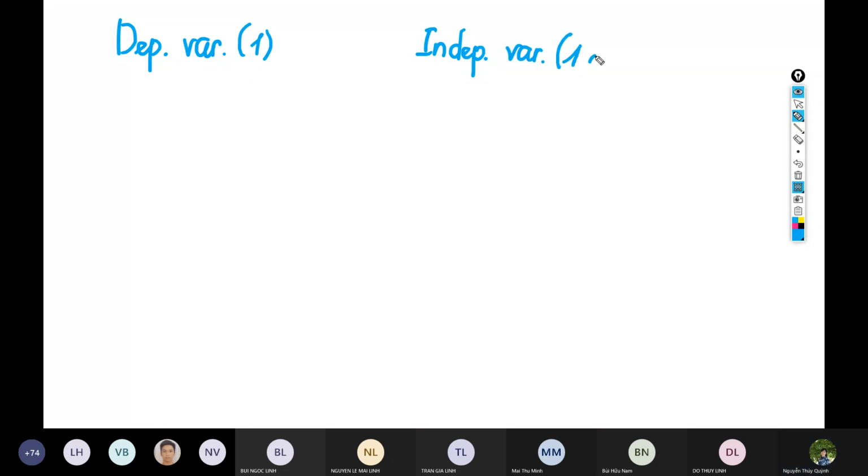We have dependent variables, and we have independent or explanatory variables. All right, so in one model, you only have one dependent variable, but you can have one or more independent variables in a model.